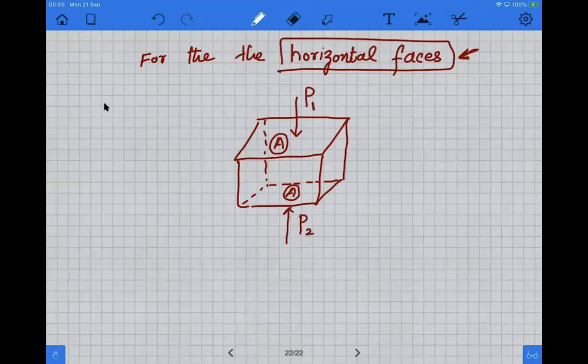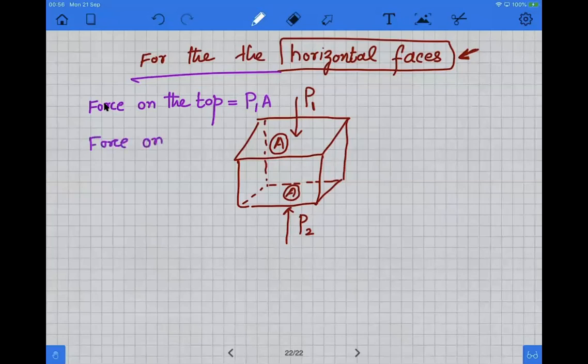Now, if we calculate the net force on the horizontal faces, or we can call it net vertical force, then force on the top. We can subtract forces but not pressure. It's P1A. Force on the bottom is equal to P2A. P1A is acting downwards, P2A is acting upwards.